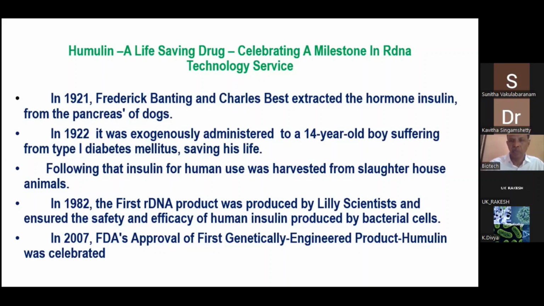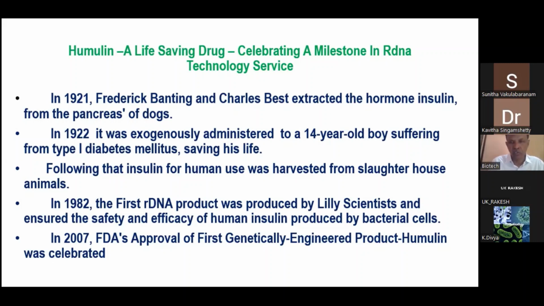And this is today called humulin. Every house, we have diabetes problem, our elders are suffering, our younger generations are suffering. So in such a situation, through rDNA technology, it has been possible to produce this life-saving drug called humulin.